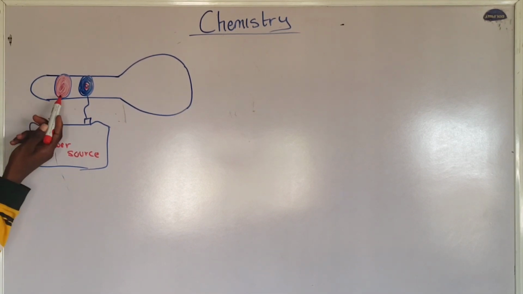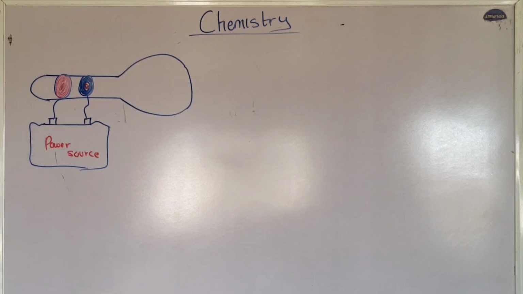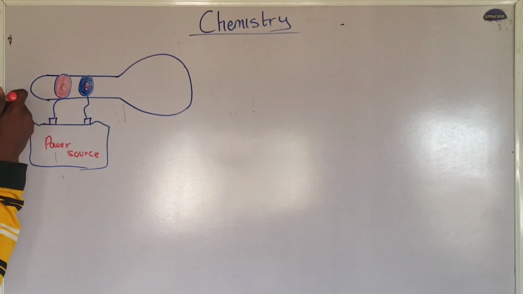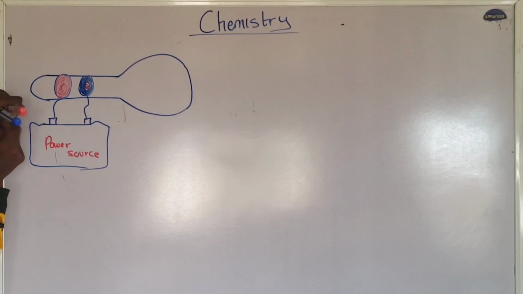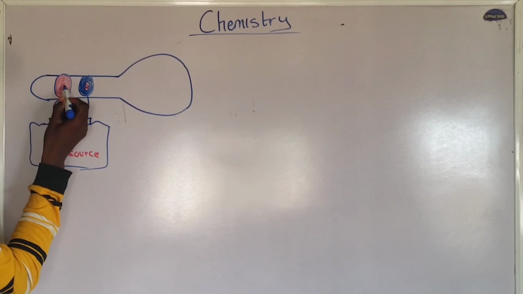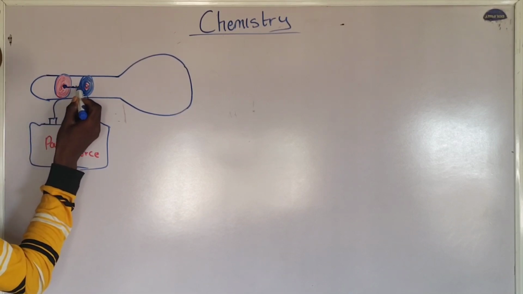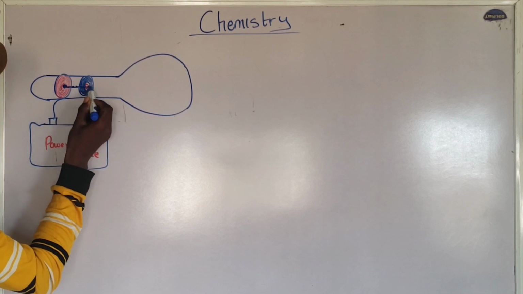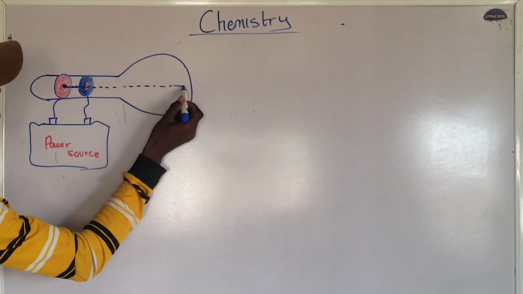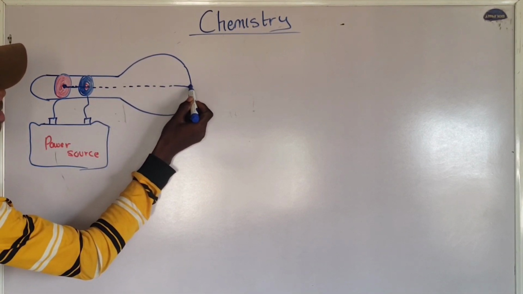We have two plates of metal, this is 1 and 2. After connecting the power source, Thomson discovered that a ray shoots from this piece of metal across the tube and created a glowing spot over here.